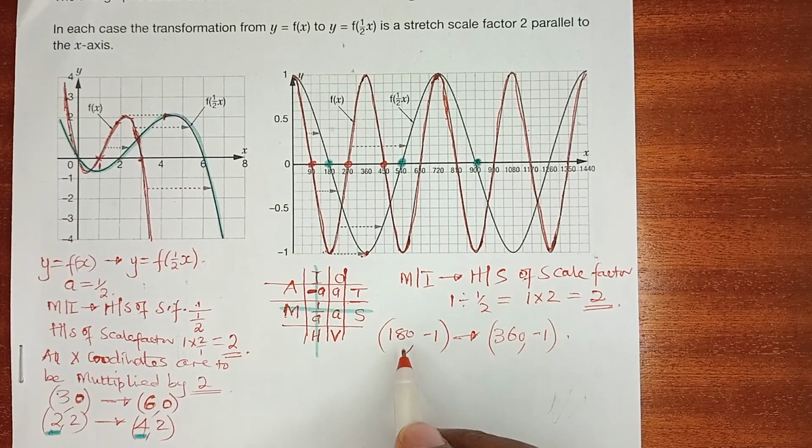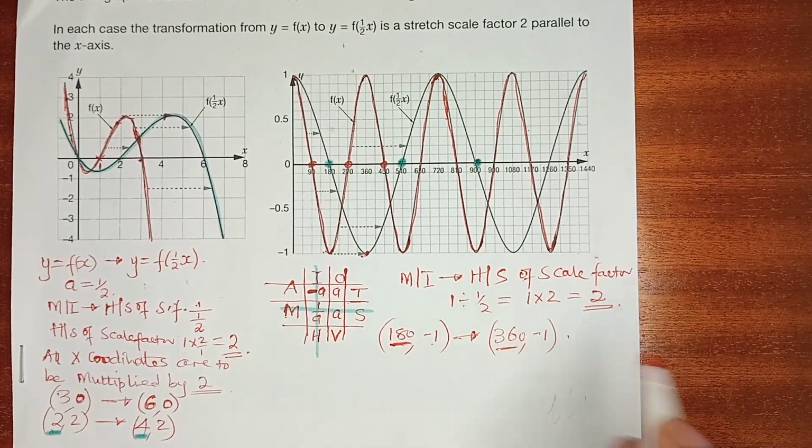You can already see only the x coordinate is multiplied by 2, the y coordinate does not change. So we confirm through Mayo that this is horizontal stretch of scale factor 1 over a.